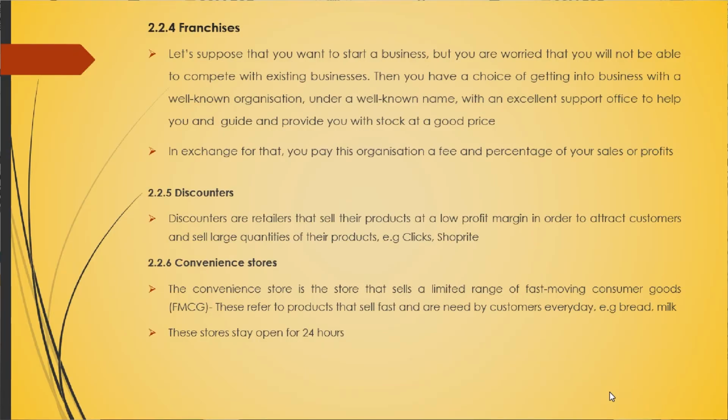And the next category that we are going to look at is franchise. Let's suppose that you have an interest in starting a business of your own, but you are worried that you will not be able to compete with already existing businesses. Then you have a chance of getting into business with a well-known organization, under a well-known name, with an excellent support office to assist you, guide you, and provide you with stock at a good price.